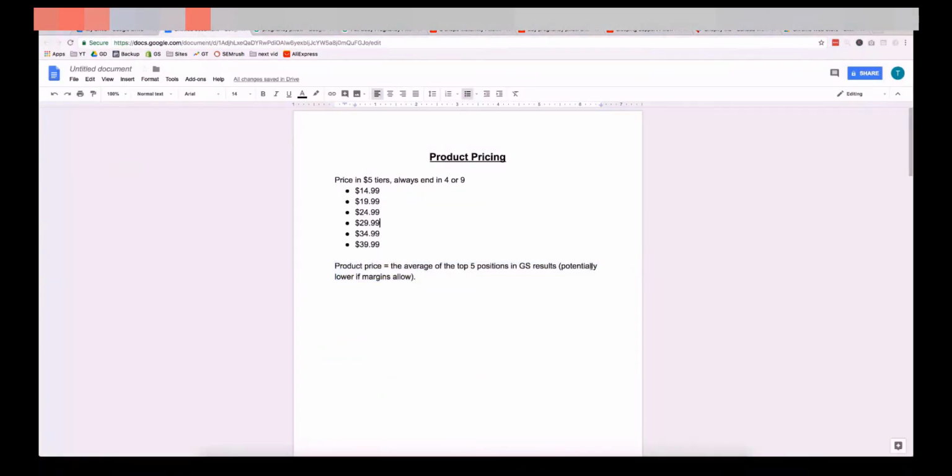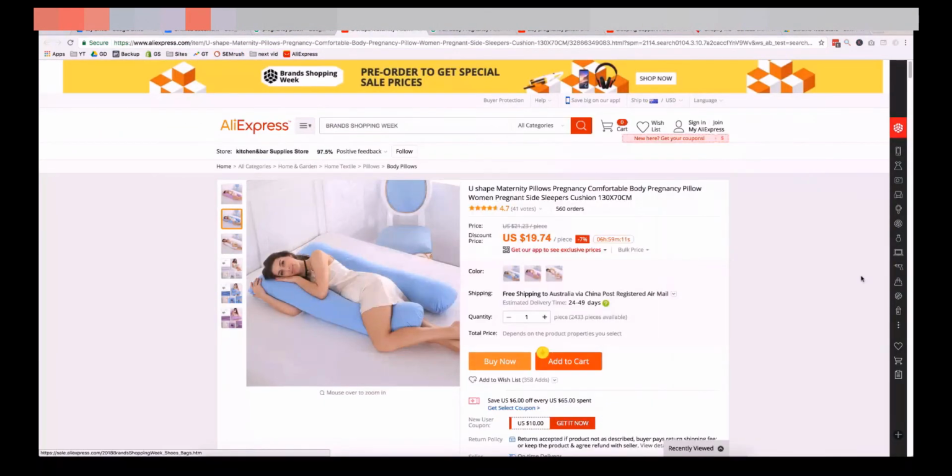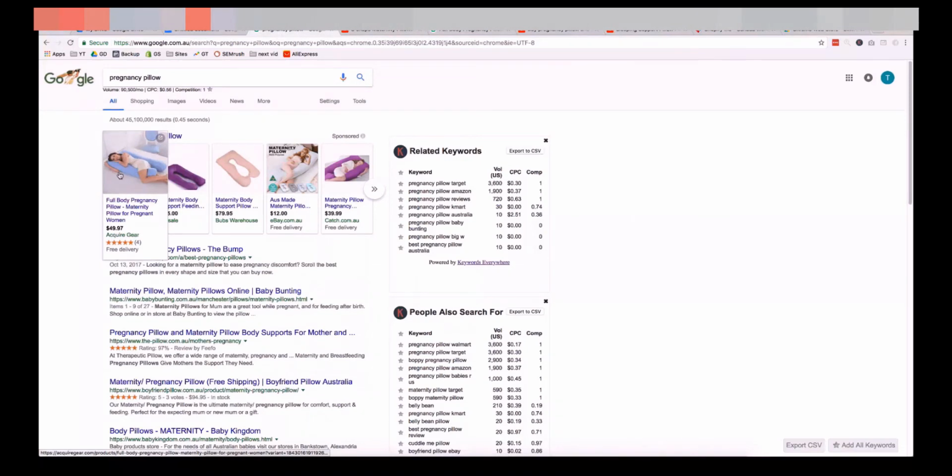But I've also said that when you're testing products, it's potentially better to lower the price if the margins allow. When I say if margins allow, we still want at least a $10 profit margin, ideally a $20 profit margin. So if we go on to AliExpress, this is the product that is appearing in spot 1.